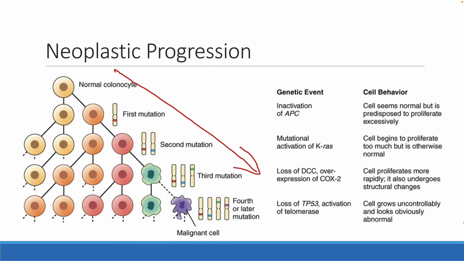We start out with a normal cell up at the top, and a first mutation occurs here, but that's not sufficient to cause a tumor to develop, nor is the second mutation or even the third mutation, but rather it takes at least 4 and usually 7 or 8 mutations before there is malignancy that occurs.